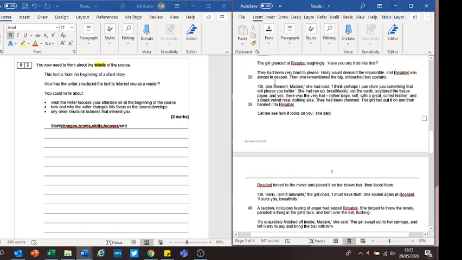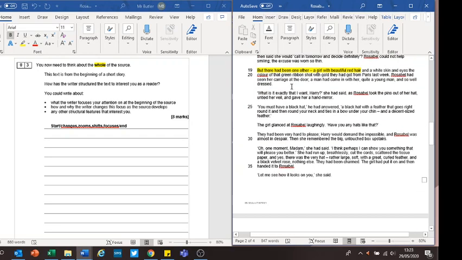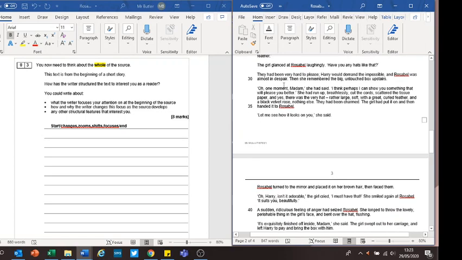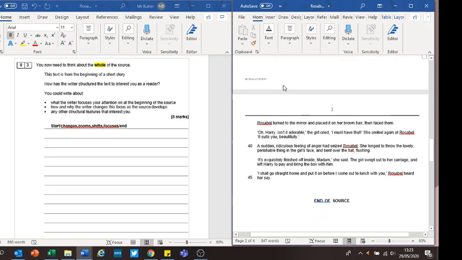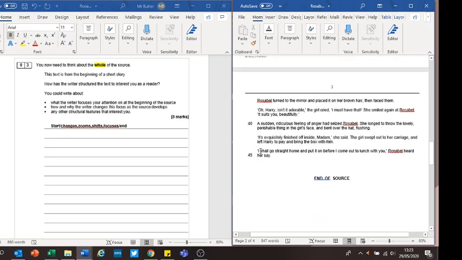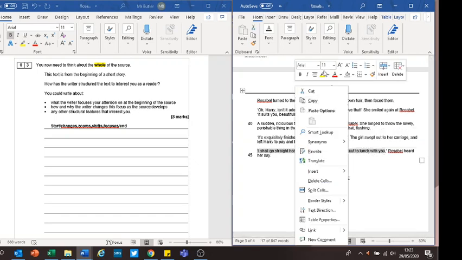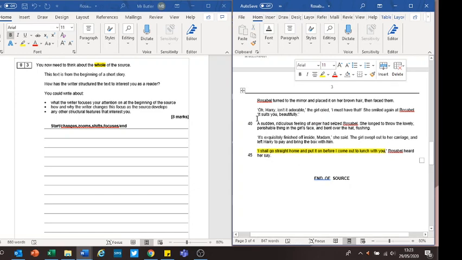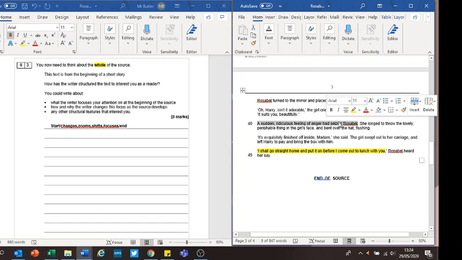And then this is all in flashback. So she's going backwards about an event in the day. She sat on the bus and she goes back to that. And then it ends with the hat, and you get the words there, a sudden ridiculous feeling of anger.